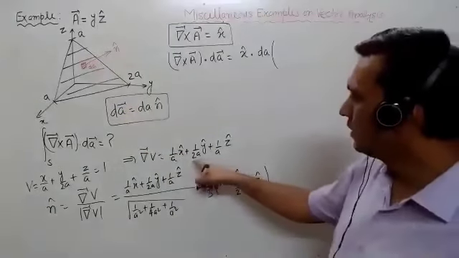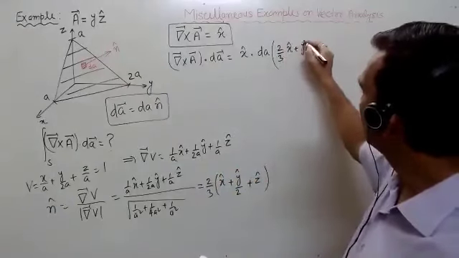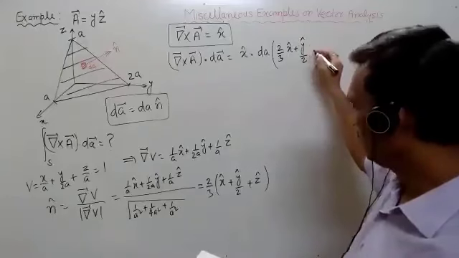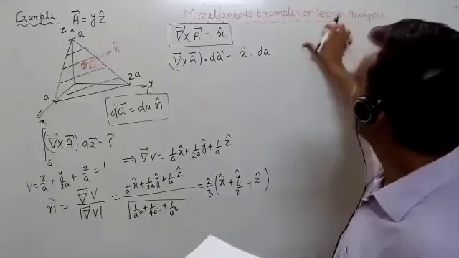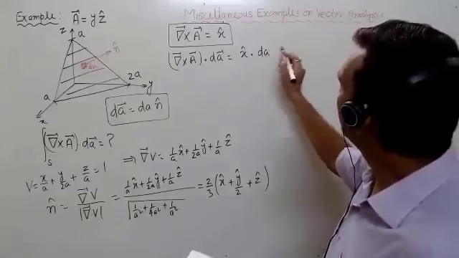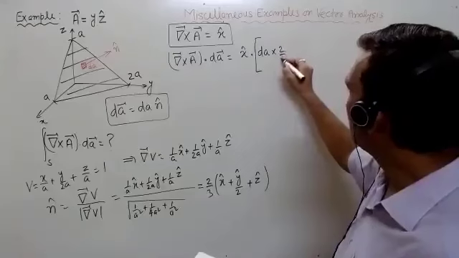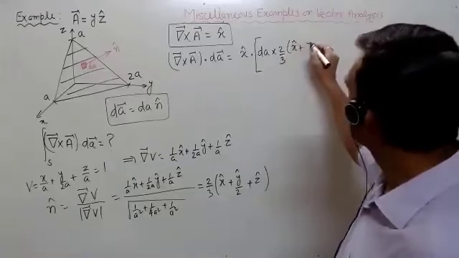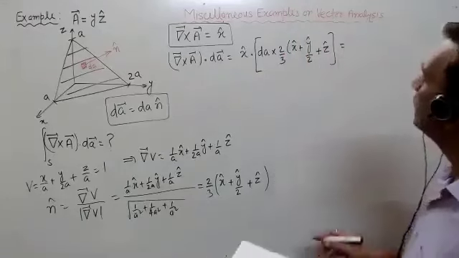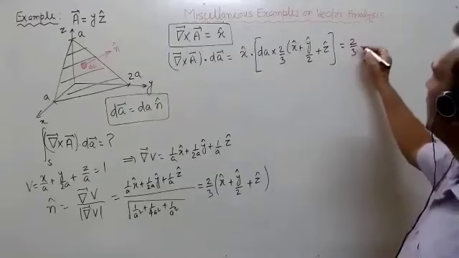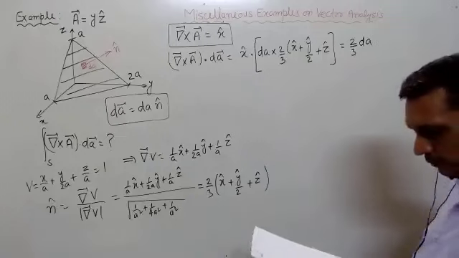So n cap is 2 by 3 x cap plus y cap by 2 plus z cap. So that is simply 2 by 3 dA.